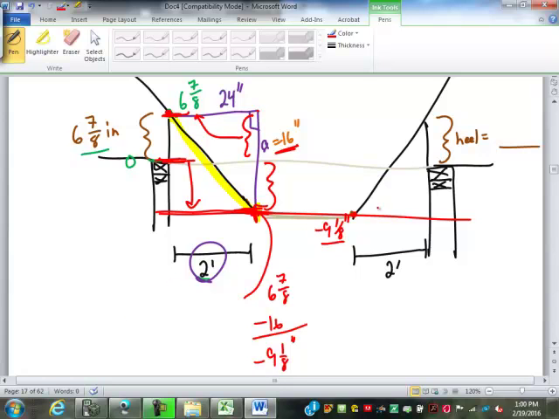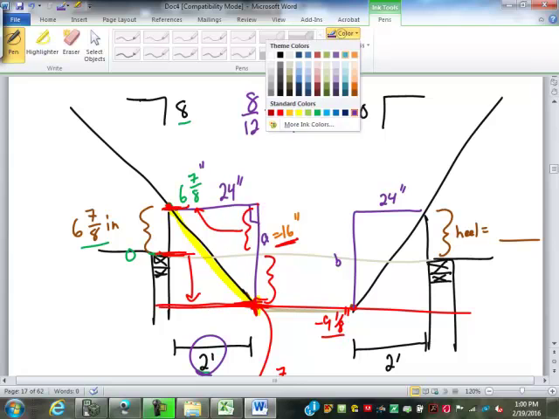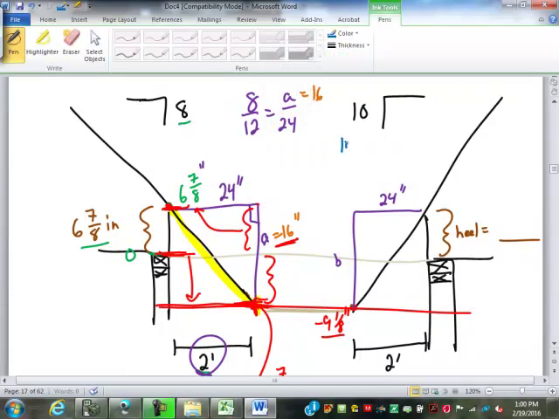Okay. So now here, we want to figure out what the total rise is. This is still 24 inches of overhang. This here's B. That's on a 10-12 slope. So 10 over 12 equals B over 24. Guess what B is? 20 inches.